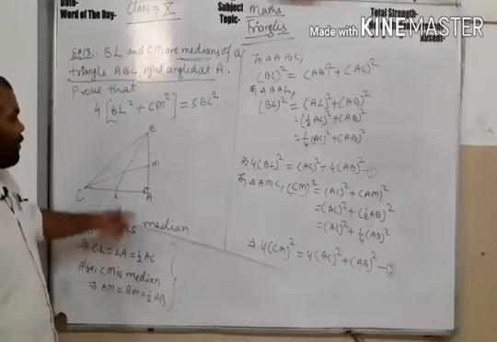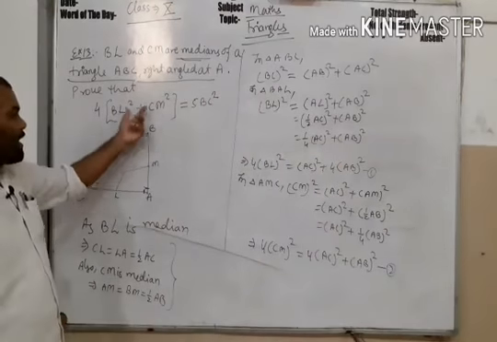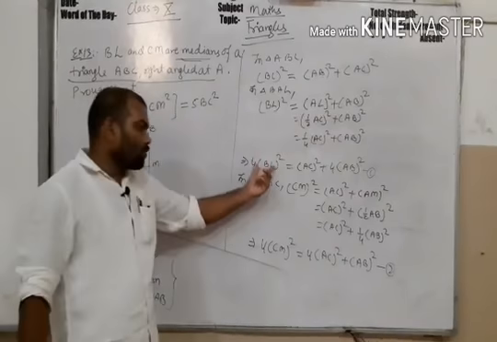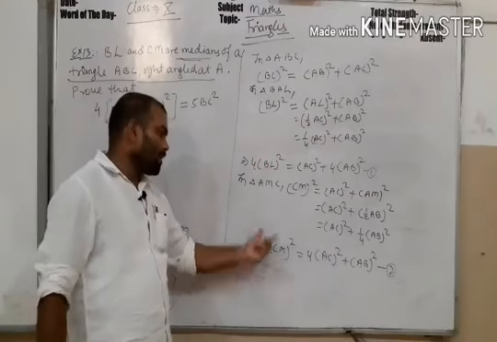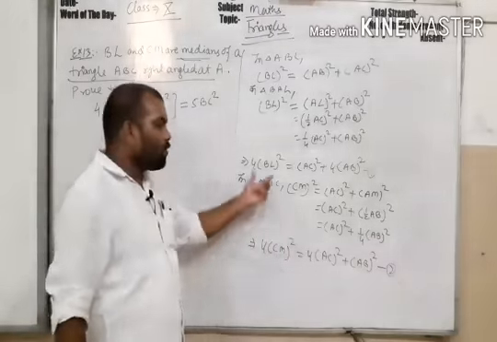Now we need the sum of the squares of BL and CM. So we will add 1 and 2.